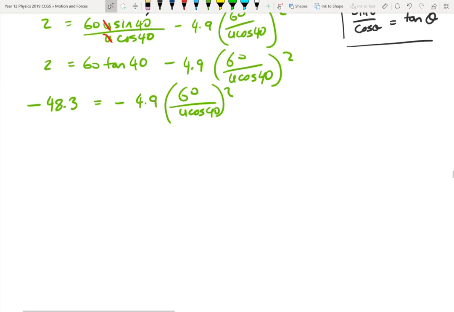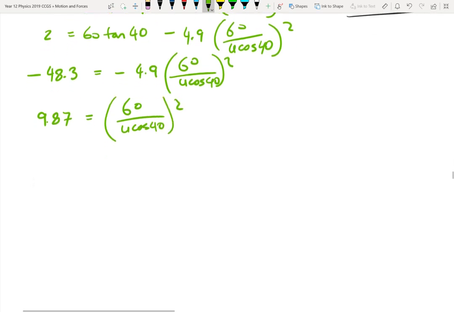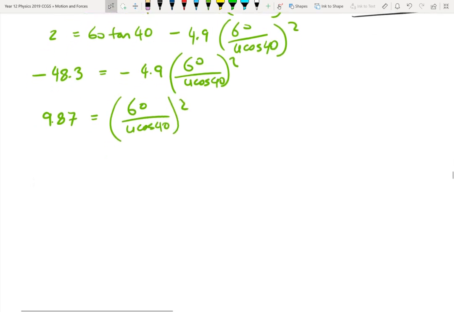Then I'm going to divide both sides by negative 4.9, abracadabra, 9.87 equals (60 on u cos 40) all squared. I'm then going to take the square root of both sides.